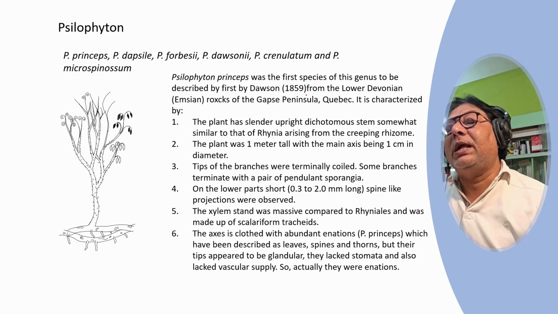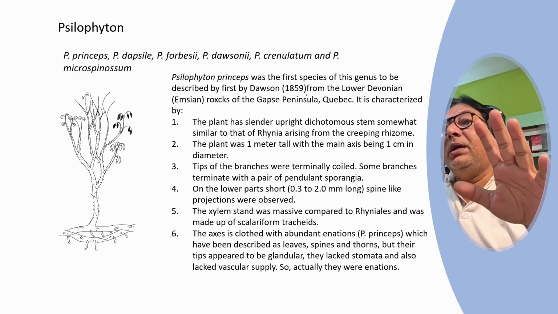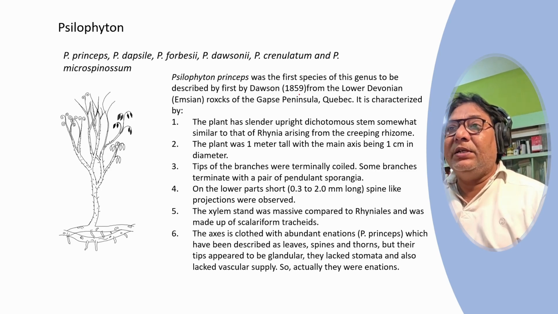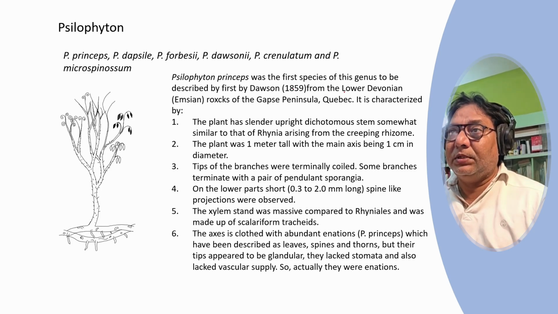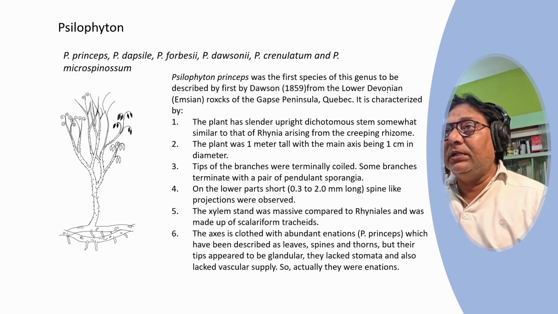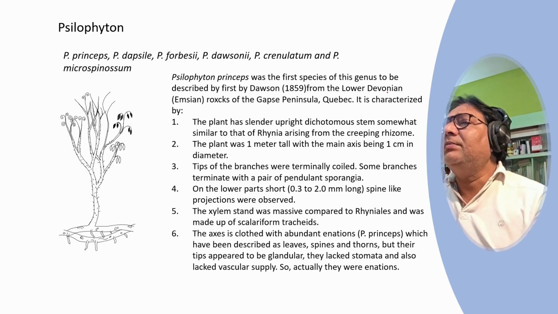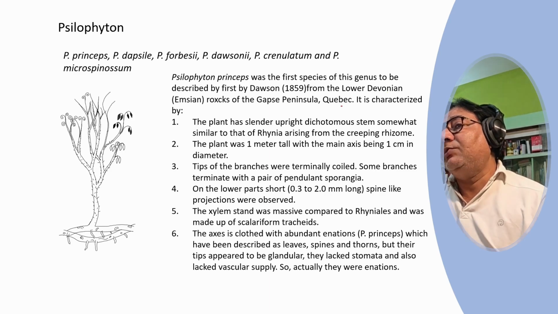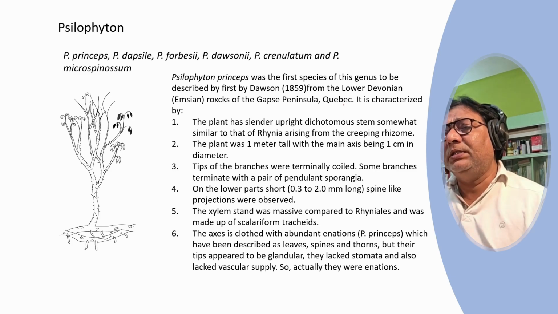Rhynia was described in 1917 by Kidston and Lang, so Dawson described this plant much earlier, about 50 years before, from the Lower Devonian rocks of the Gaspé Peninsula, Quebec. This is the location from where this fossil was found.